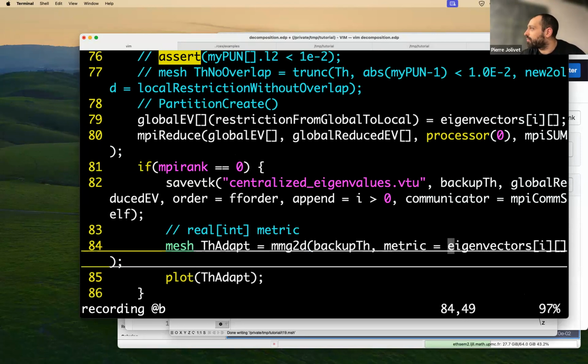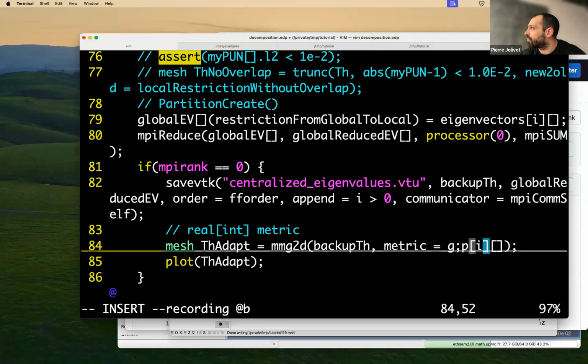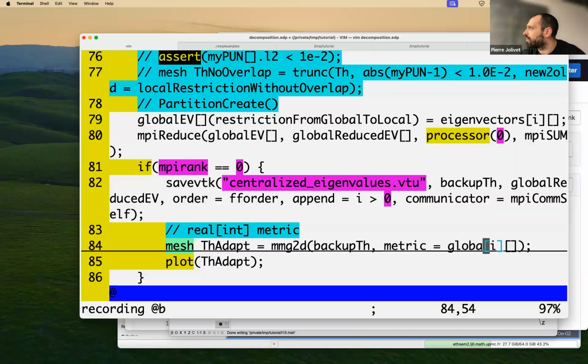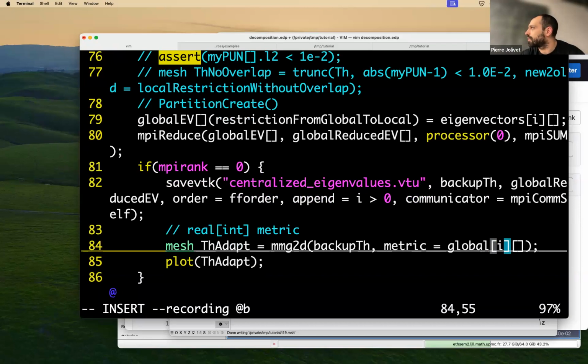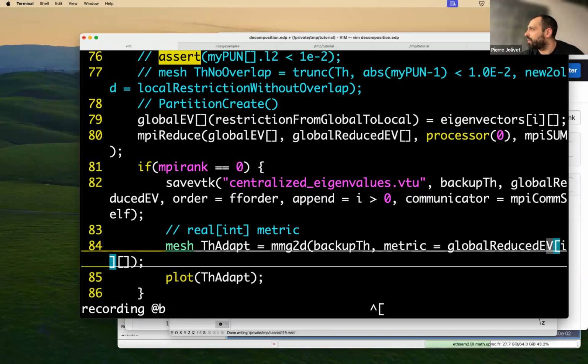And the eigenvector is also the globally reduced vector. So global reduced EV, and let's put a minimum size for the triangles, hmin equal to 1e-2 for the moment.